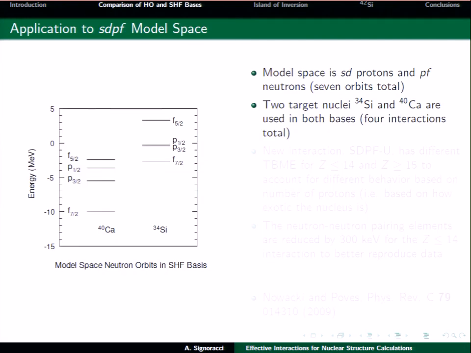So the first application I'll show is to the sdpf model space, which is composed of sd proton orbits and pf neutron orbits. And I will perform this renormalization procedure for two different target nuclei, one the stable calcium-40 and the other the exotic silicon-34, and I'll do this in both the harmonic oscillator and the realistic basis.